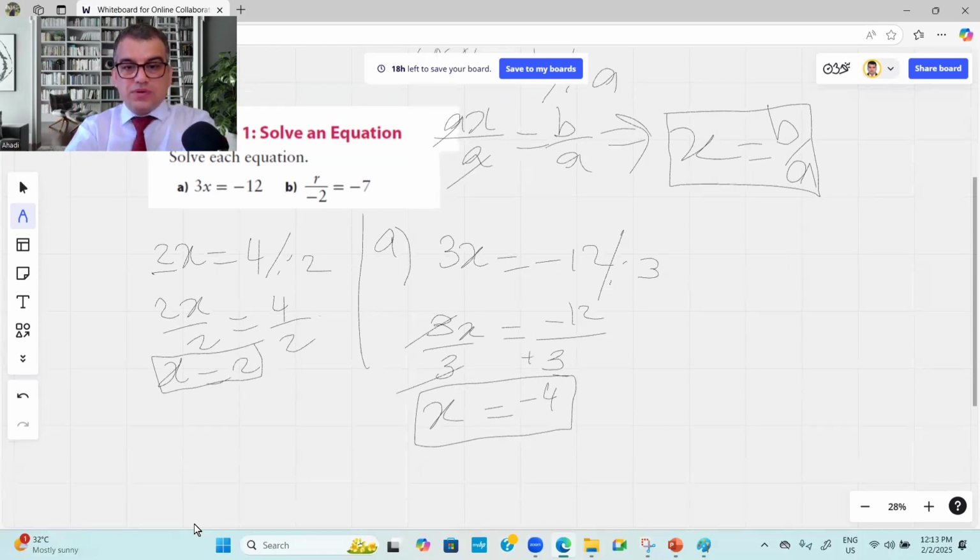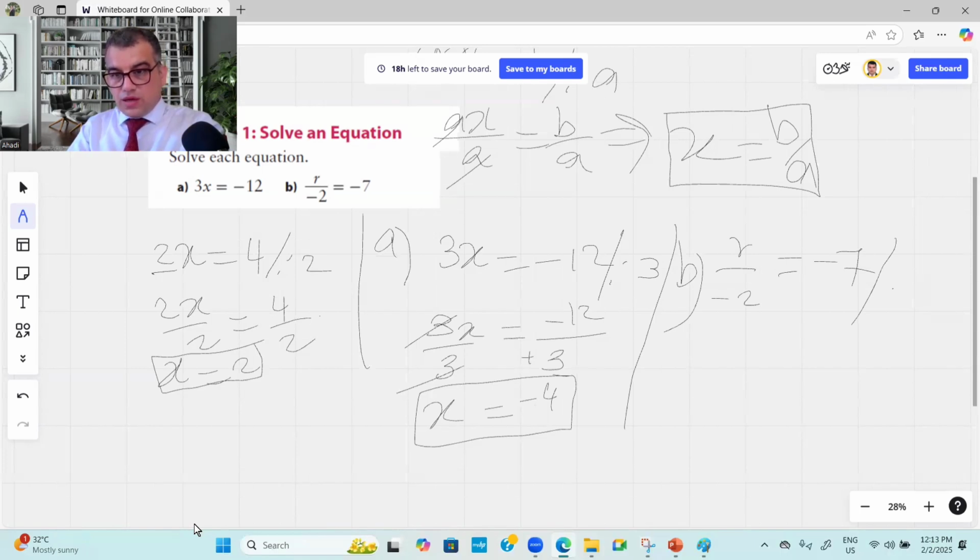And the next example we have is the B one. This equation is r by minus 2 is equal to minus 7. To make it easy, we can multiply both sides by the multiplicative inverse.